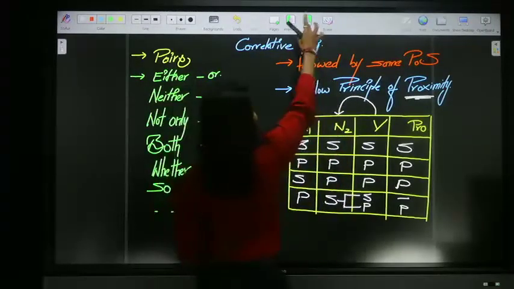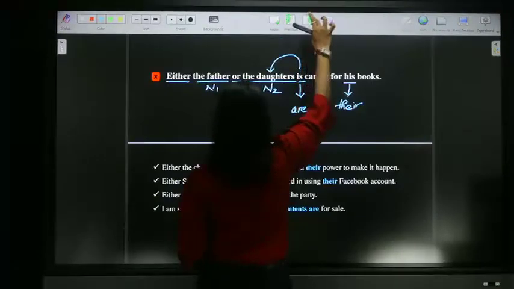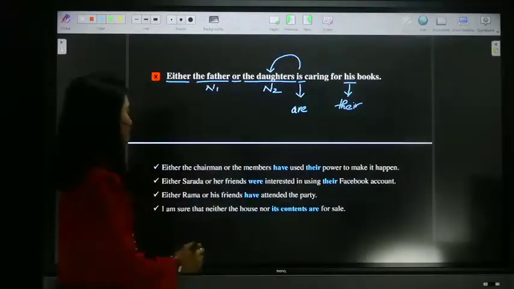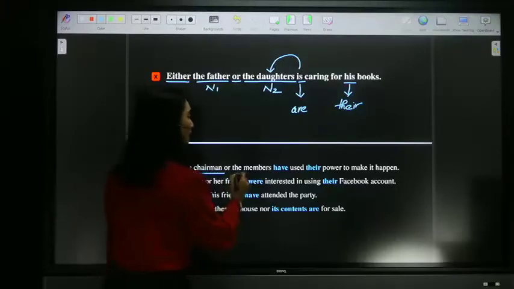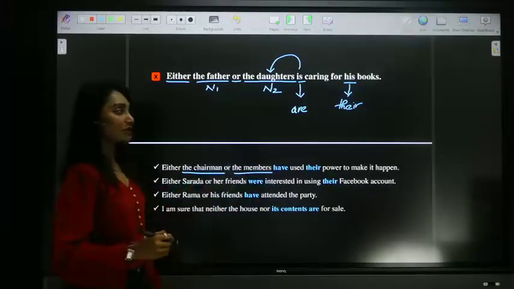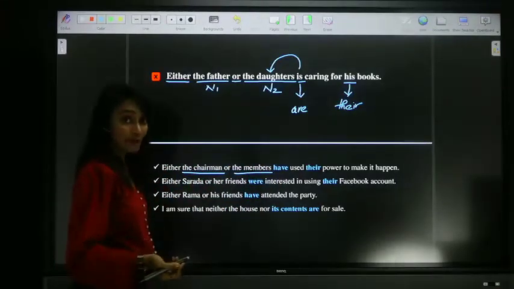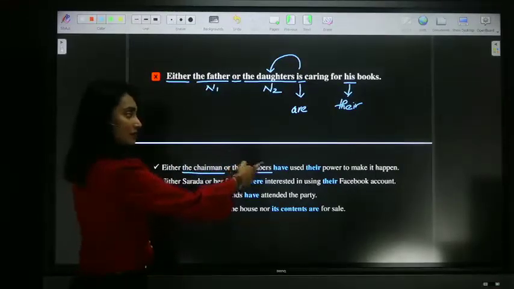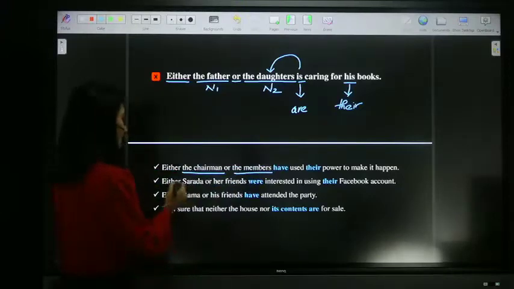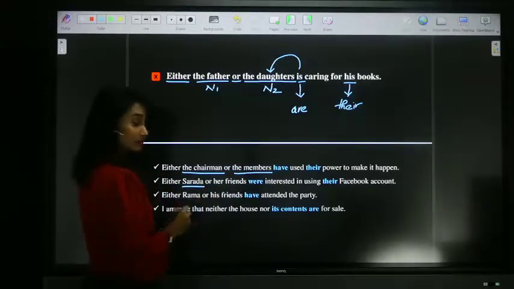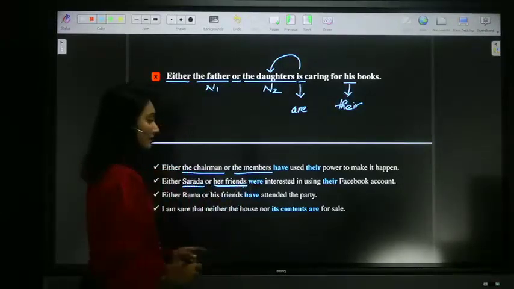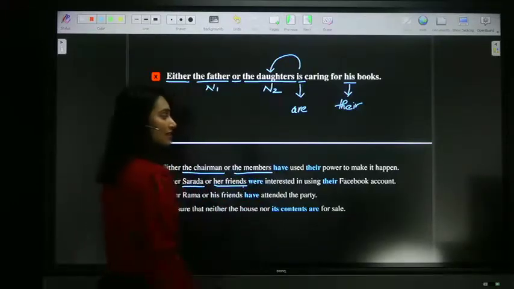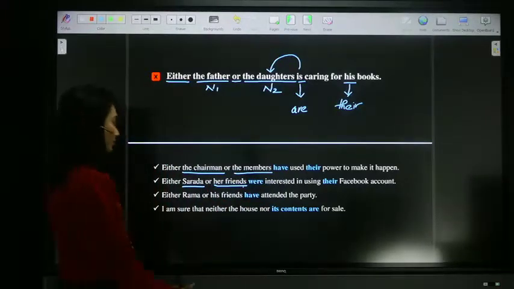Right? So look at some more examples. Either the chairman or the members have used their power to make it happen. See? Singular, plural. So plural verb and plural pronoun. Either Sharada, singular, or her friends, plural, were interested in using their Facebook account.